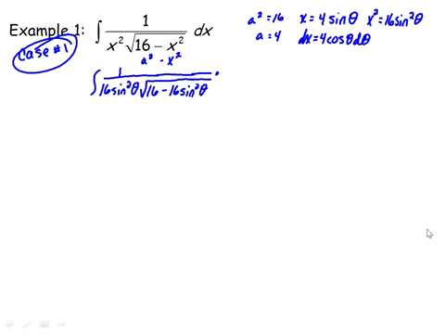Four cosine theta d theta, right? So, substituting in for dx, we're going to put 4 cosine theta d theta.